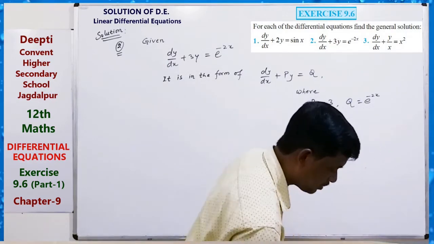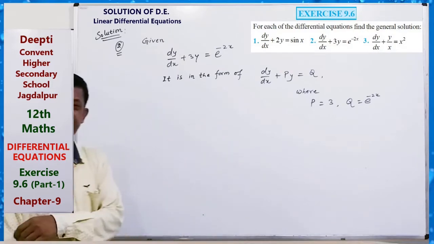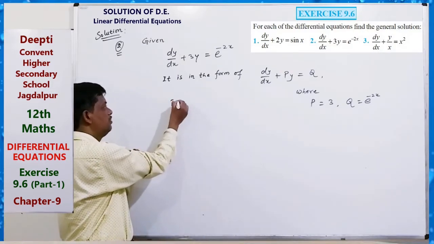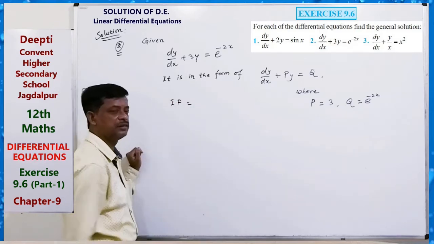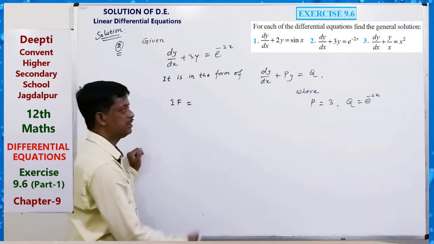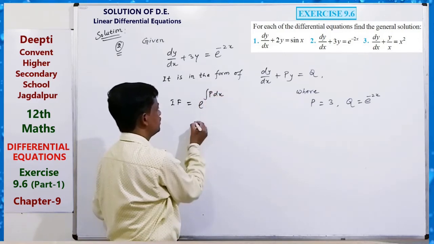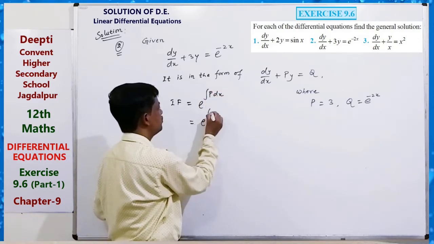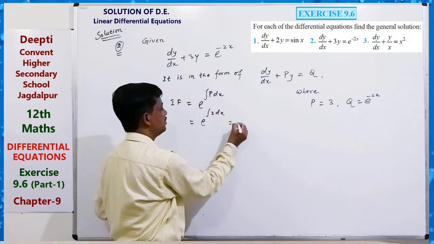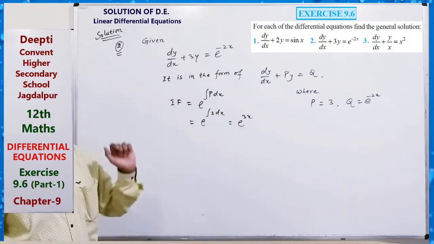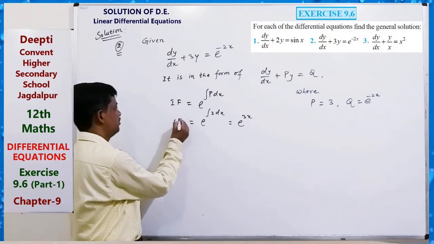Clear? So how can we solve it? Just find the integrating factor, IF, which is e to the power integration of P dx. This is equal to e to the power integration of 3 dx, which is e to the power 3x. E to the power 3x is IF.